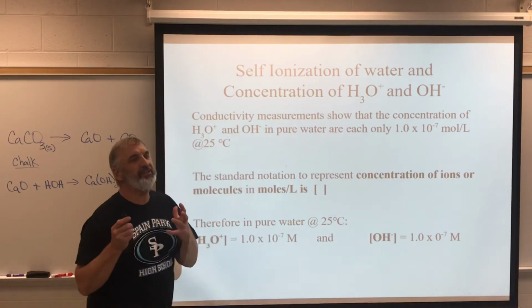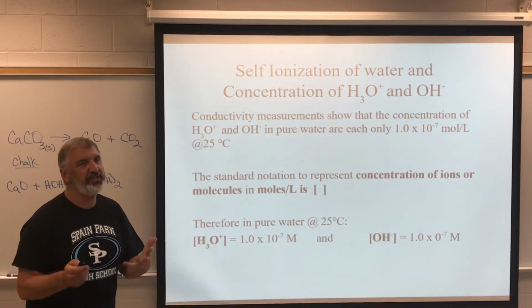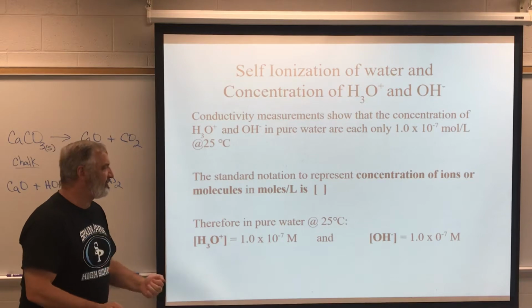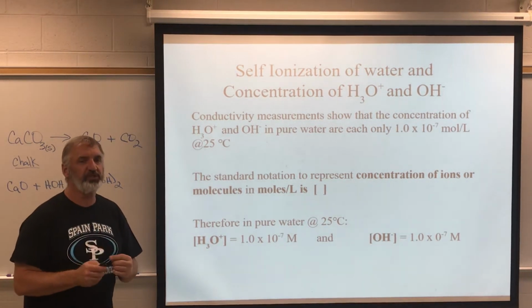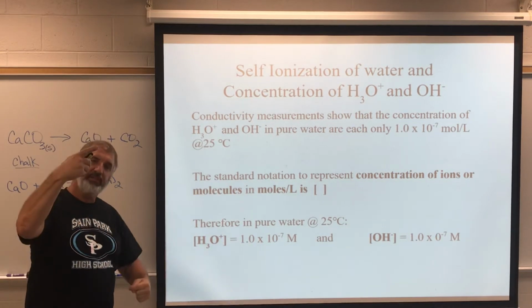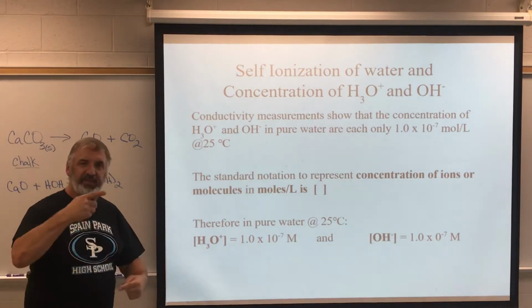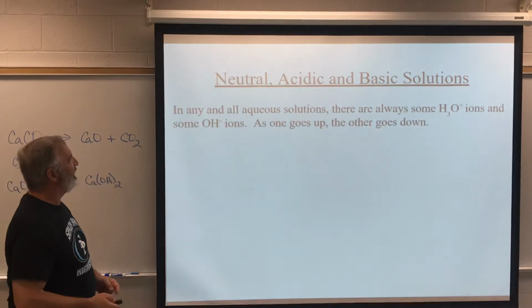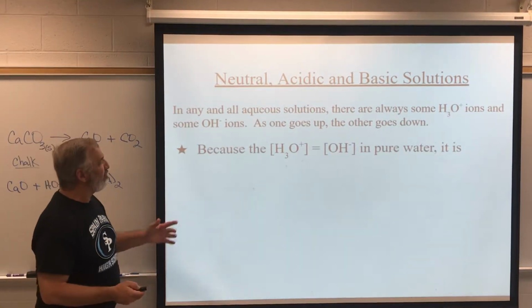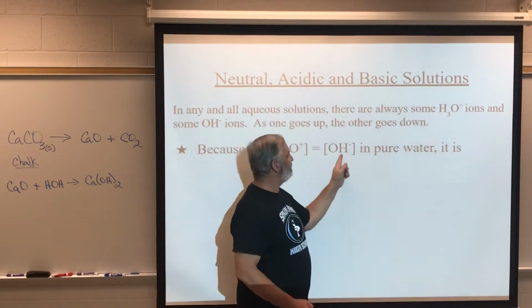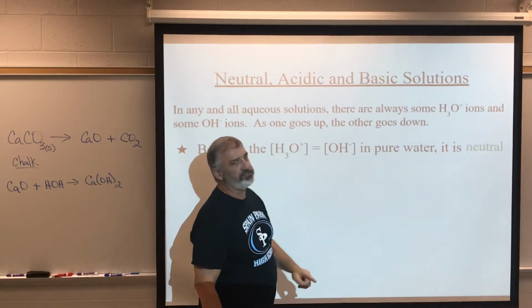But the most important thing is in any water solution, any aqueous solution, you always have some H plus, you always have some OH minus. They are inversely proportional to one another. As one goes up, the other goes down. But you always have some of each. So in any and all aqueous solutions, there's always some. Okay? In pure water, H3O plus equals OH minus, so water is neutral.